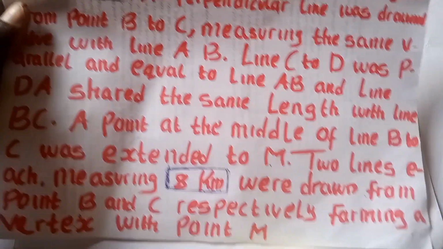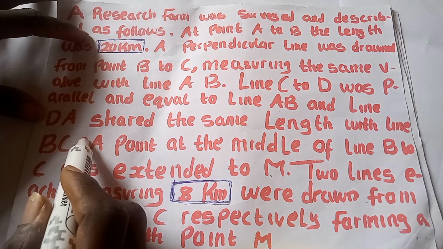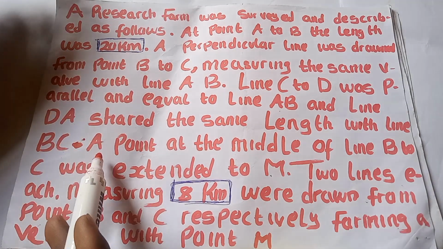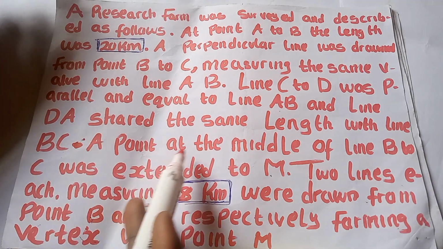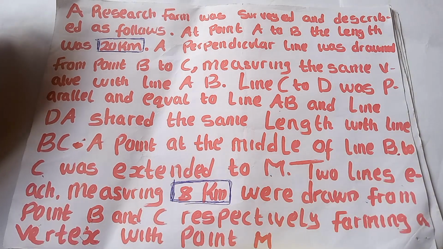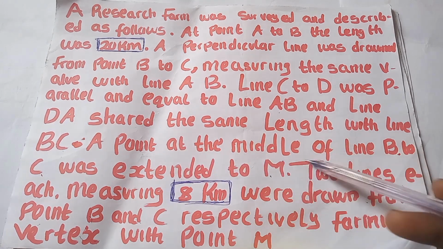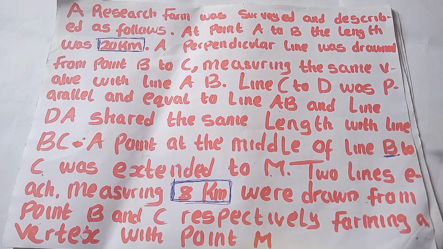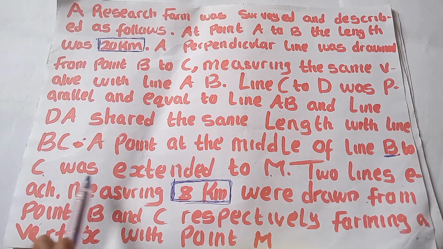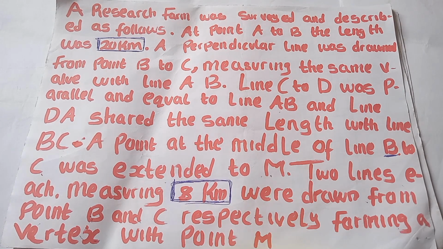So let's proceed with our question. Back to our question, we stop at here. They now said a point at the middle of line B to C. A point at the middle of line B to C was extended to M. Please, I want you to take note of that statement.